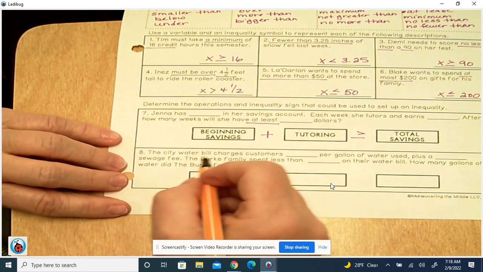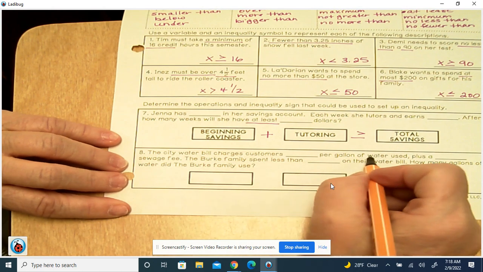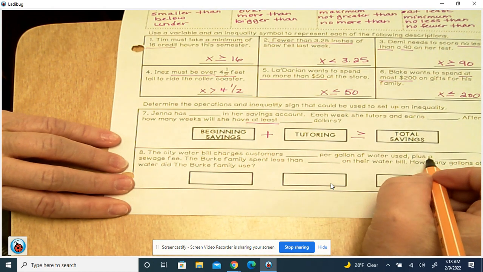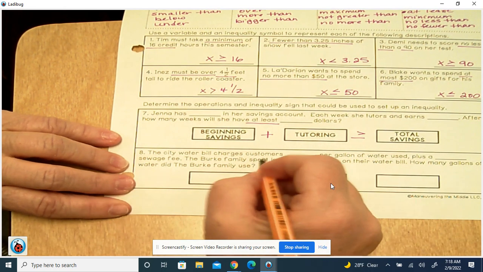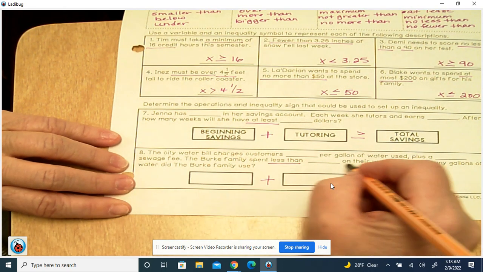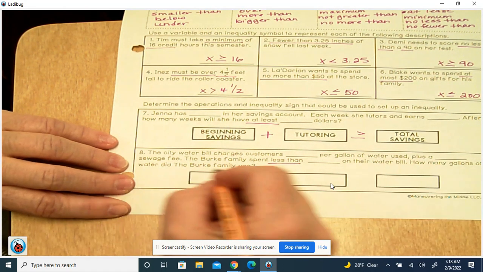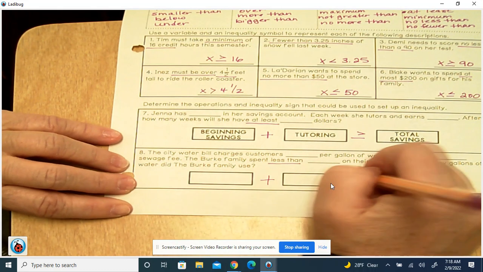All right, the city water bill charges customers blank per gallon of water used plus, so we got a plus, a blank sewage fee. The Burke family spends less than blank on their water bill. How many gallons of water does the Burke family use? Less than, we know it's that.